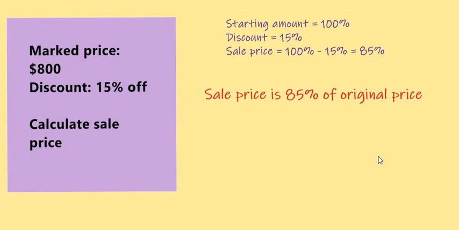All right. Now, whenever we're calculating discounts and working with percentages, we have to remember that percent means out of 100. So the starting price or the marked price or the original price, they all three mean the same thing. The original price is always 100%. That's the amount that you start with. And then the discount is 15%. That means that 15% is being taken away from the original.